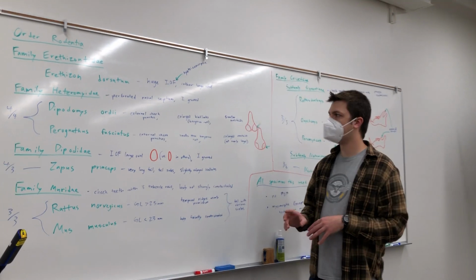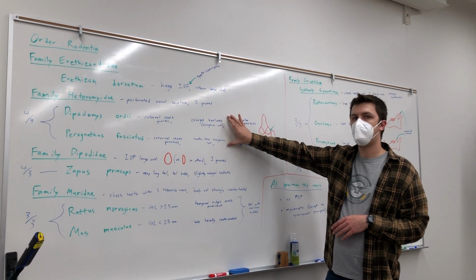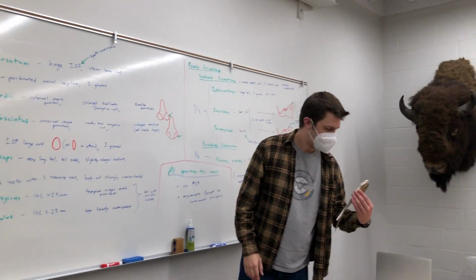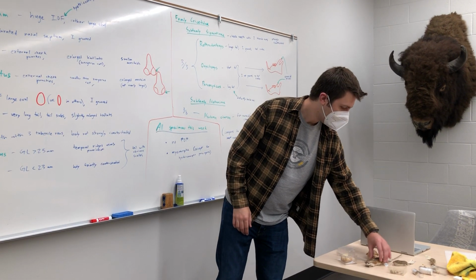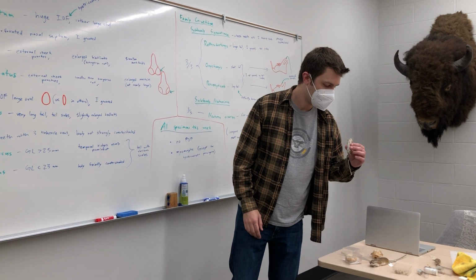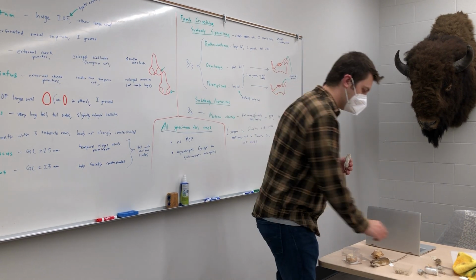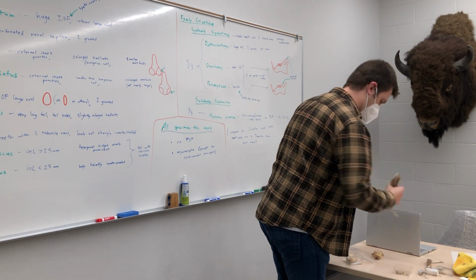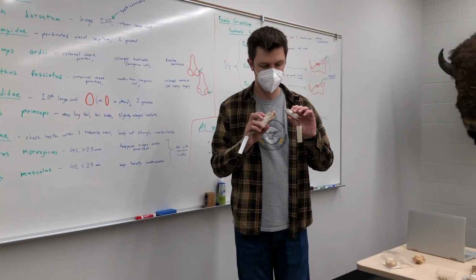In terms of the skin then, both of these have external cheek pouches. And we talked about that last week with the pocket gopher. It's a similar thing. Let me figure out which one is the best one.